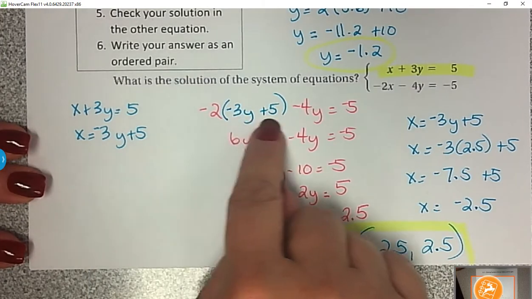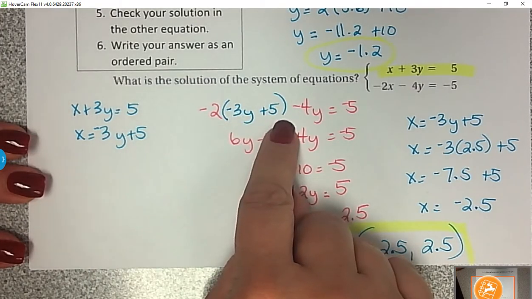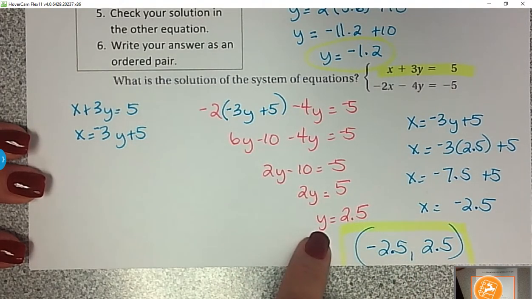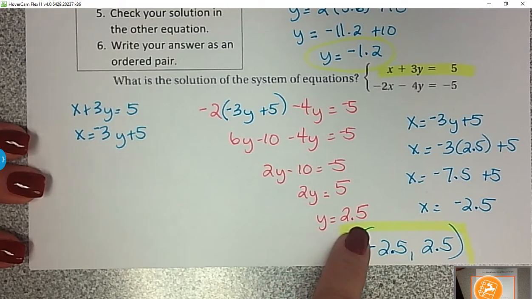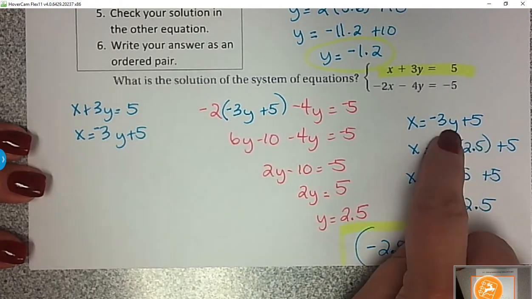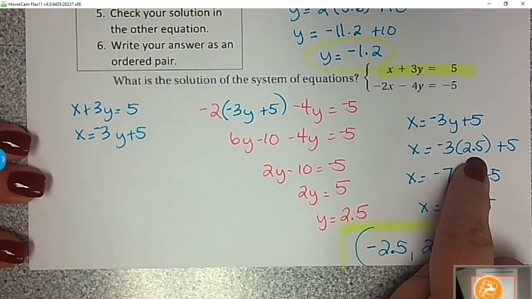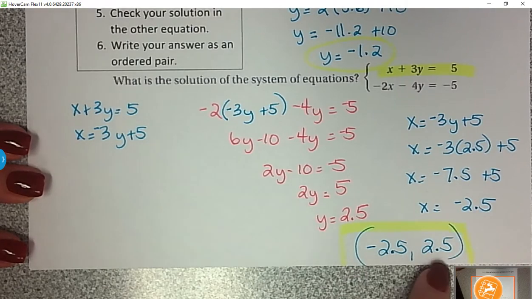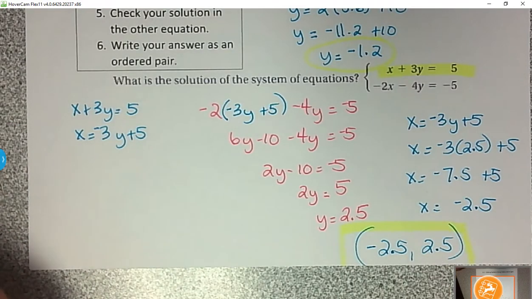So I took out the x and I put in negative 3y plus 5, simplified and solved for y in this one. And then I had to take that information and plug it back in to solve for x. So I plugged it into this equation, and you can see over here where I did that. Took out the y, put in a positive 2.5, and solved for x. Here's my answer as an ordered pair.